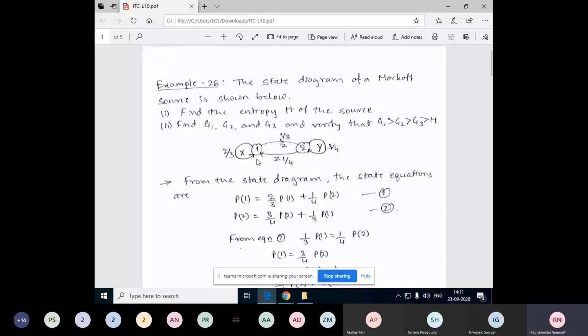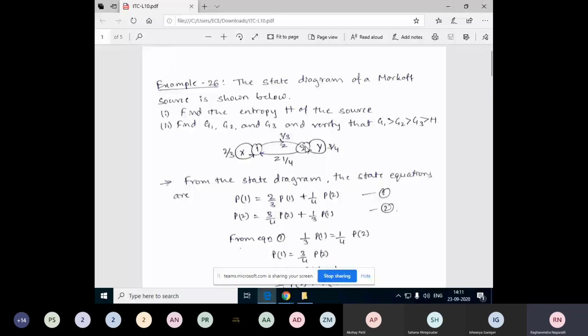During this transition, one symbol is emitted, and that symbol is X with the probability 2/3. In the same way, from state 1 to state 2 there is one transition. During this transition, one symbol is emitted, and that symbol is Z, emitted with the probability 1/3.